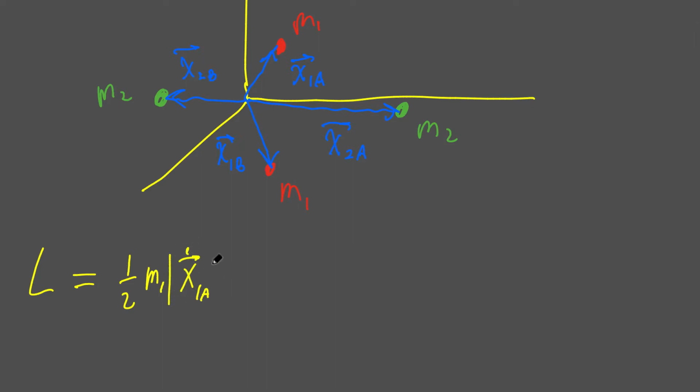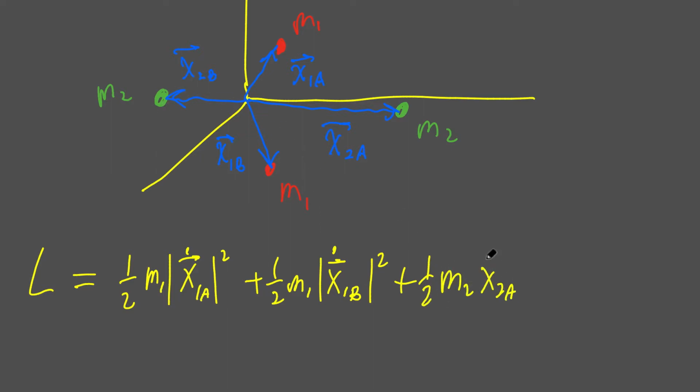It's the squared magnitude of this velocity vector, plus 1/2 m1 x1b vector dot, magnitude squared, plus for the two larger particles, 1/2 m2 x2a vector dot squared, and 1/2 m2 x2b vector dot squared. So there's the Lagrangian for the four free particles.